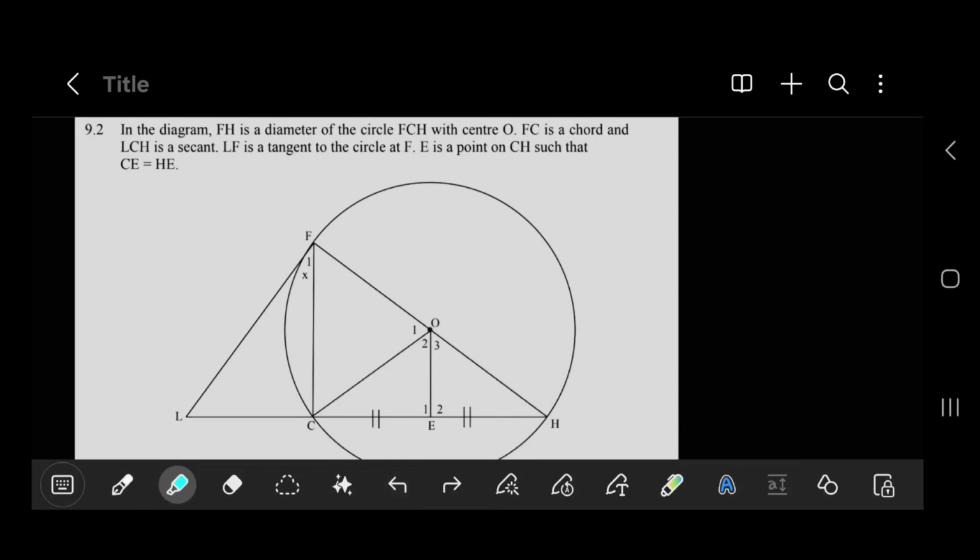E is a point on CH such that CE is equal to HE. So here we have two lines that are equal to each other in length, CE and HE, and that is also indicated by those symbols where they show you that the lines are equal to each other.